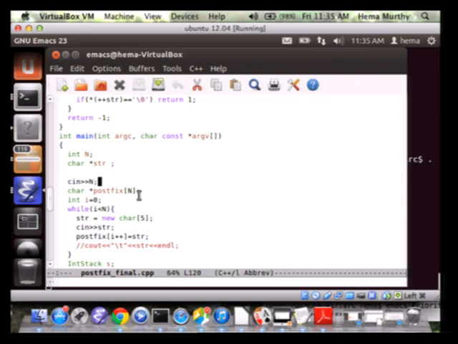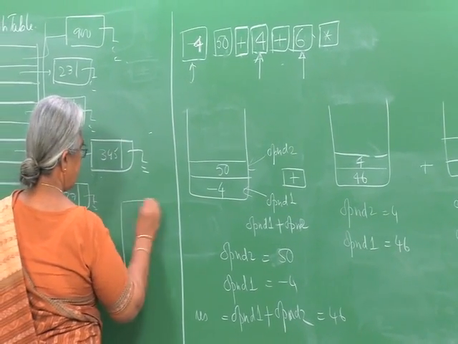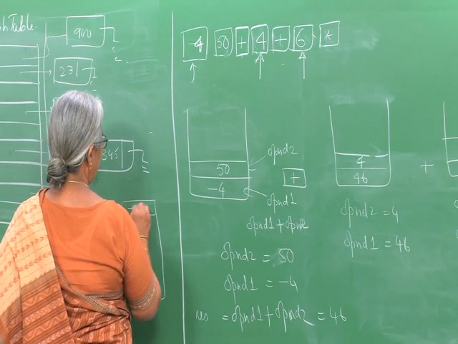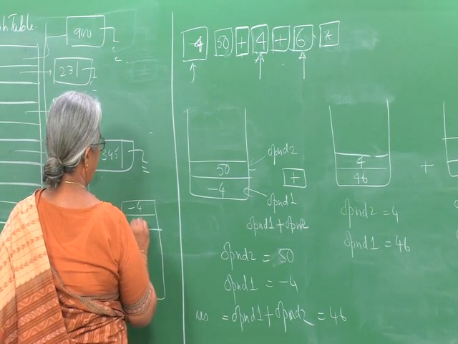And then what does it do? It assumes that the string is no more than 5 characters long, and there is an allocation that is done here. The string is read and it is put into this postfix array. So what is this postfix array? It's actually a 2-dimensional array. The first element is 4, second element is 50.